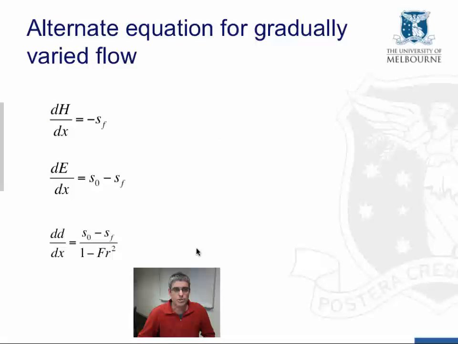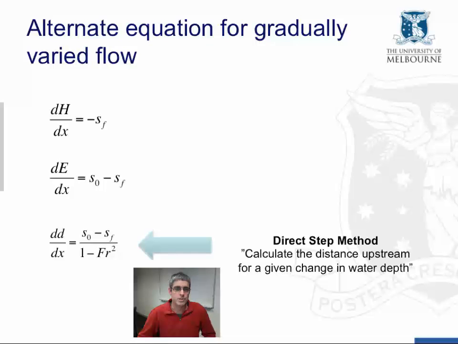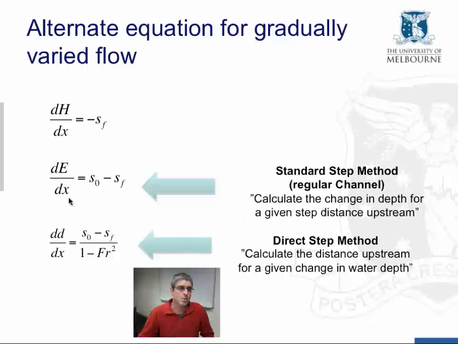We have the three alternate equations for gradually varied flow. We use the last of those, the equation for the change in depth with distance upstream, with the direct step method, where we calculate distance upstream for a given change in water depth. We use the second one, based on specific energy, for the standard step method where we have a regular channel, that is a channel with a uniform shape that doesn't vary along the channel.